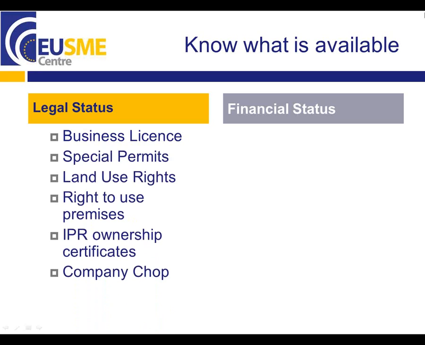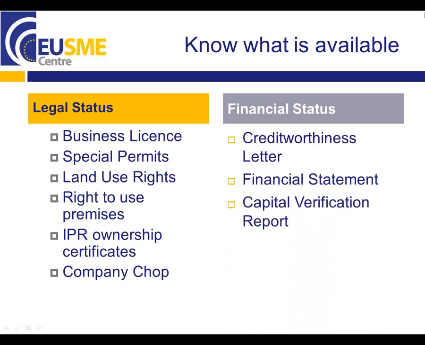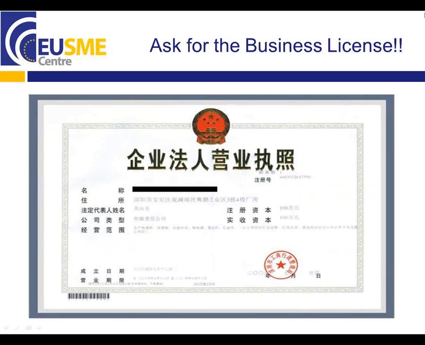China is a bureaucratic country, which is bad, but it is good as well, because for almost everything you will have some kind of permit or license, and all these things can be asked and checked. So let's use it. For the legal status, here you can see the options you have. Same for the financial status. We will touch each of these items later on in these slides.